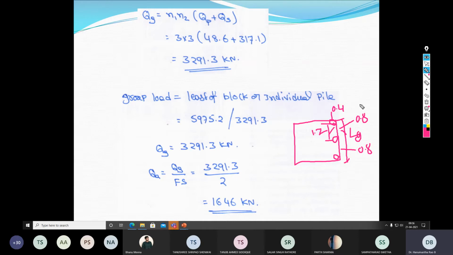Since these are the same material, we say it is cohesion only. So no need to take the adhesion. But when you talk about the individual pile, the relative movement is between the concrete and soil. So that's why we always take the adhesion.